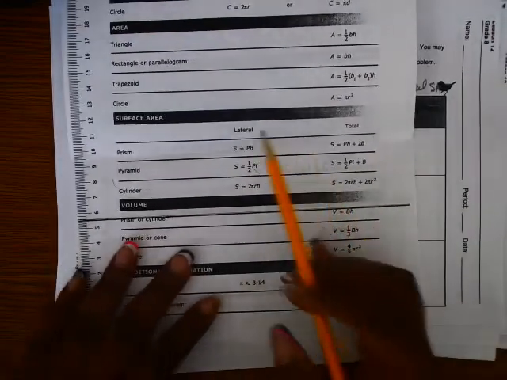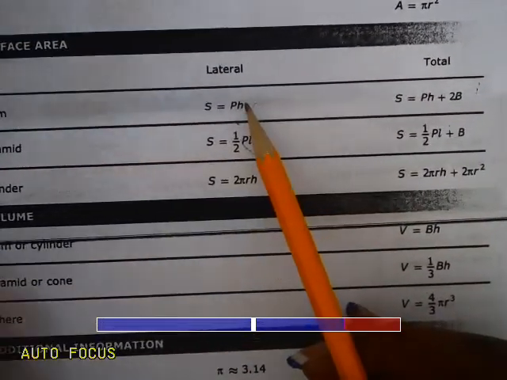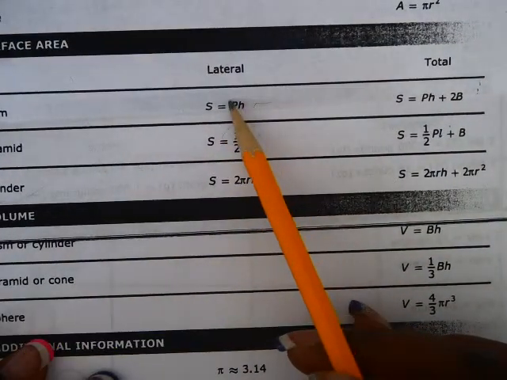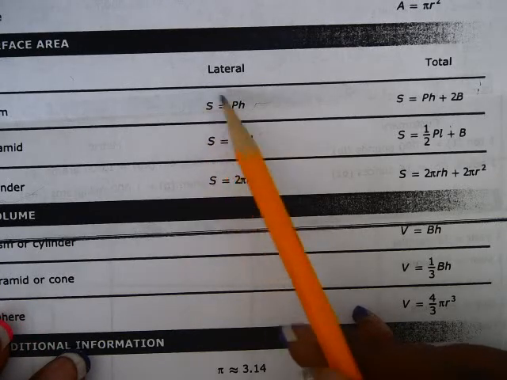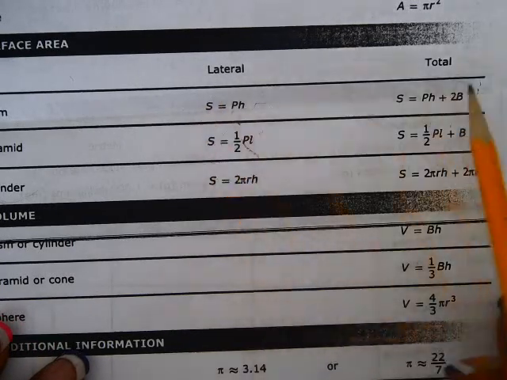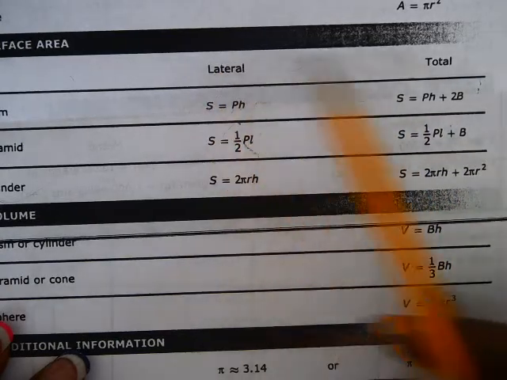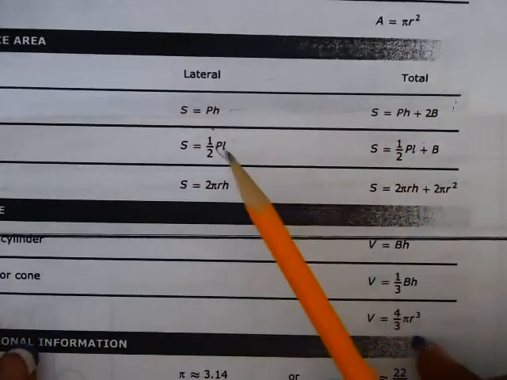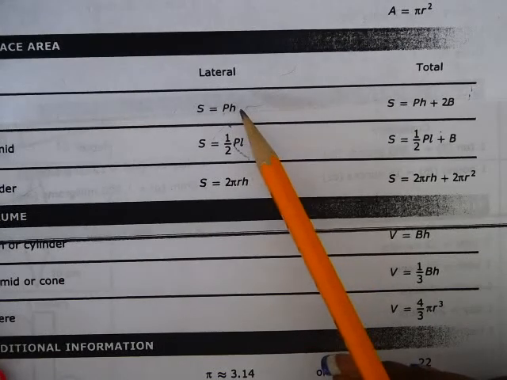Those symbols that we went over earlier are now appearing on your formula chart. We have the big P, which represents the perimeter of the base, S, which represents surface area, and that's for both, but you need to know if you're dealing with lateral surface area or total.